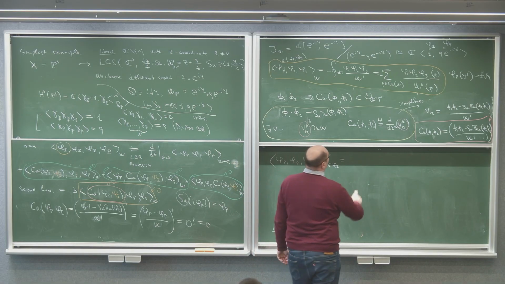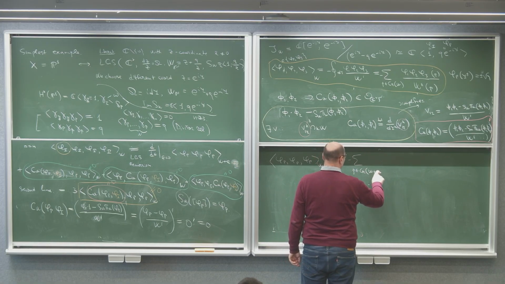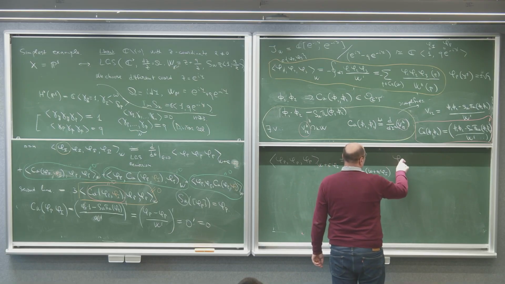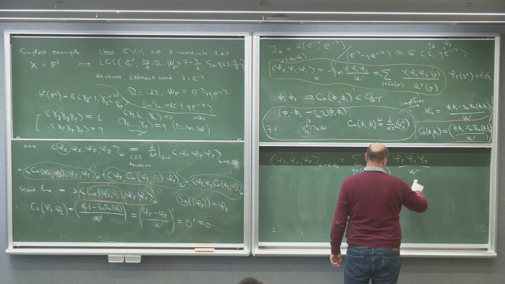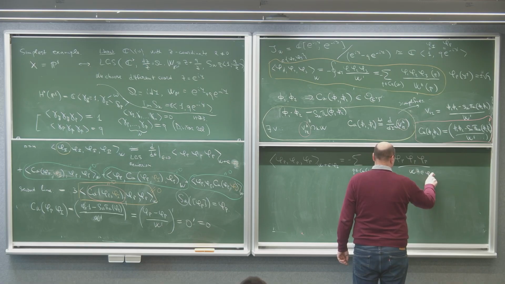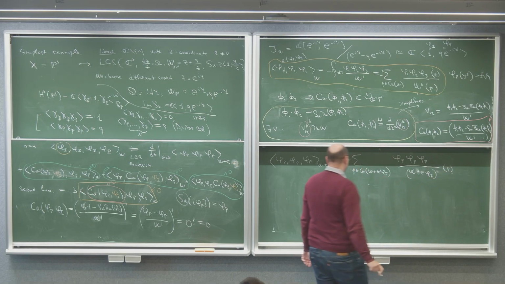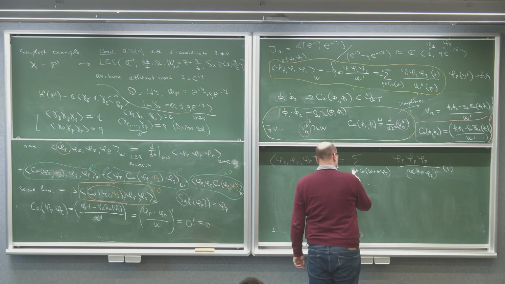So we need to take a sum over critical points of the deformed superpotential, and evaluate phi p divided by the second derivative of the deformed W, at each critical point.